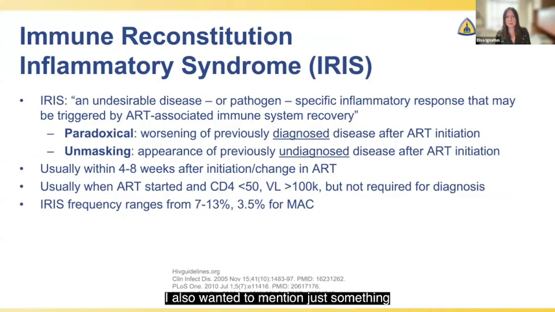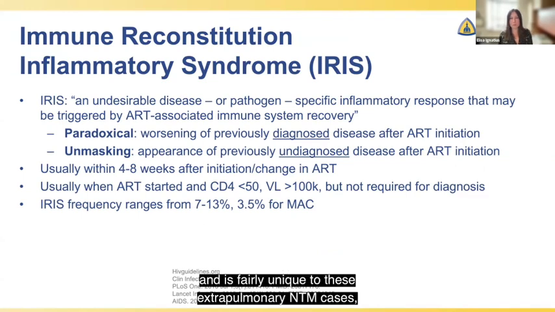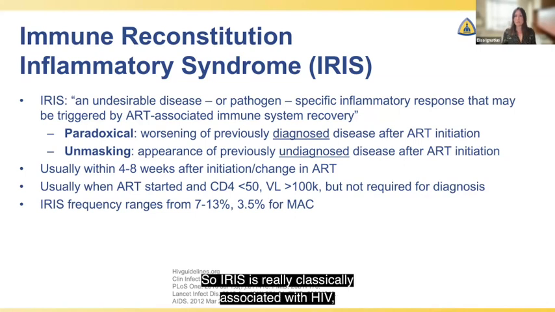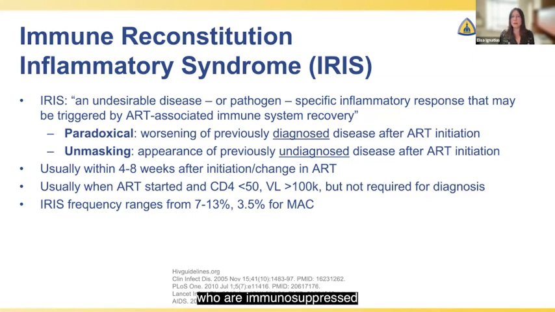I also wanted to mention something that I think is important and is fairly unique to these extrapulmonary NTM cases, which is this phenomenon of immune reconstitution inflammatory syndrome, or IRIS. So IRIS is really classically associated with HIV, but we do see it at times in patients who are immunosuppressed or immunodeficient from a different cause and develop an NTM infection.